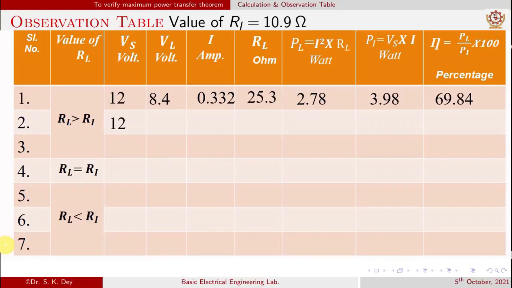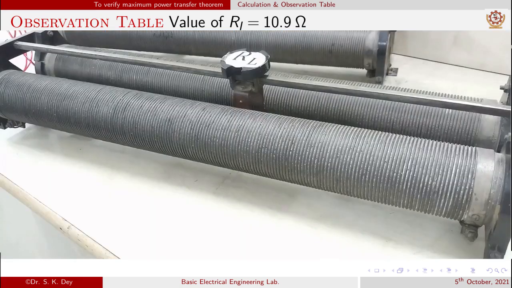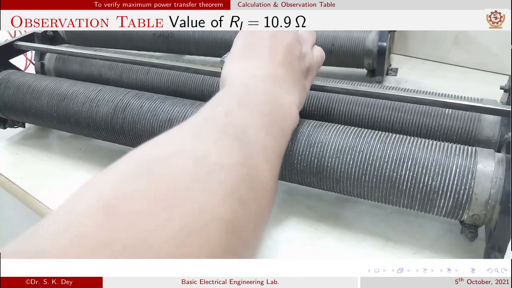So in the second observation, Vs is 12 volt, VL is 7.6 volt, current 0.410 ampere. Then RL value we have calculated 18.5 ohm, then PL is 3.10 watt, and then input power 4.92 watt, then efficiency is 63%. Again we will vary this RL value.